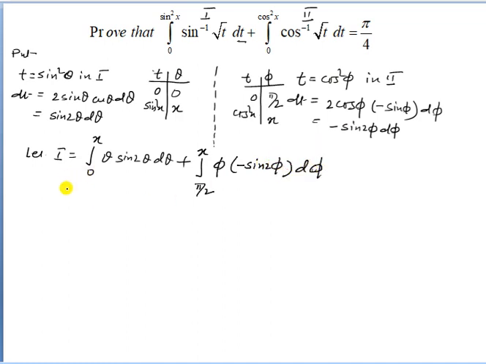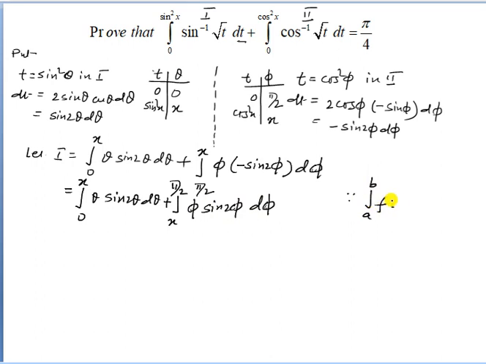So it is the integral from 0 to x of theta sin 2 theta d theta, plus, if you take this minus sign into the limits, the limits change accordingly, so it is x to 90 of phi sin 2 phi d phi. Now you know that the integral from a to b of f(theta) d theta is equal to the integral from a to b of f(phi) d phi.